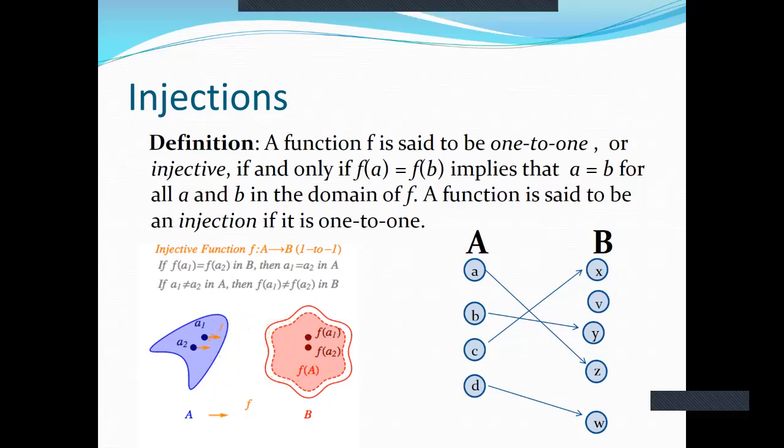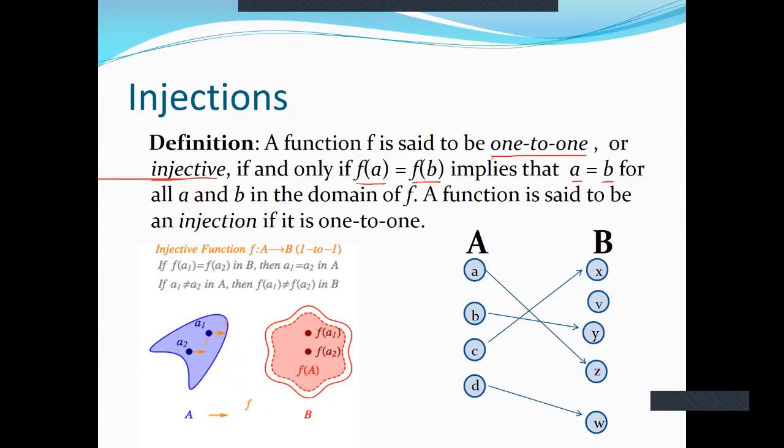A function f is said to be one-to-one, or injective, if and only if f of A equal to f of B implies that A equal to B, for all A and B in the domain of f. What does it mean?